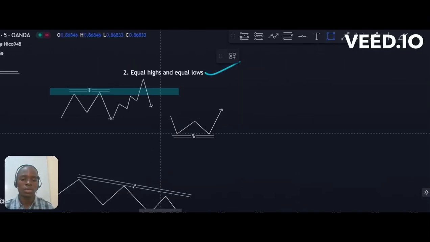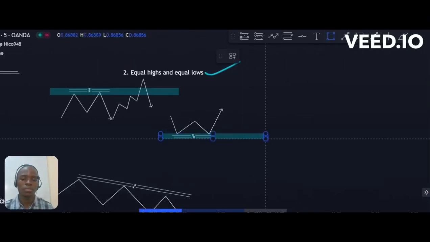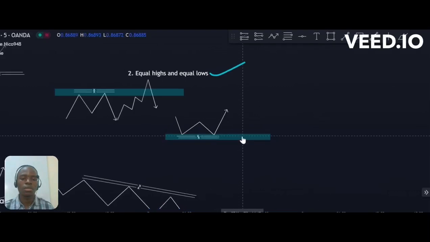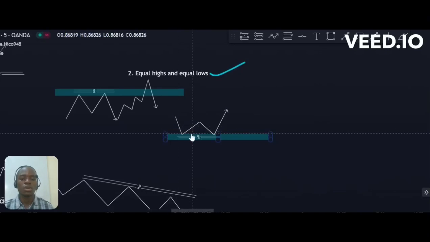Another one is equal lows, as you can see here. For equal lows, a retail trader somewhere is viewing this as a double bottom. When the trader enters a trade, they put their stop losses just below these lows.